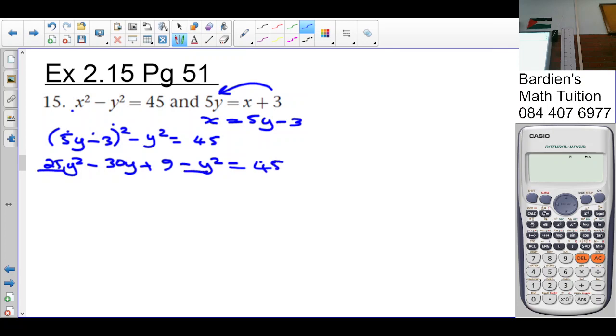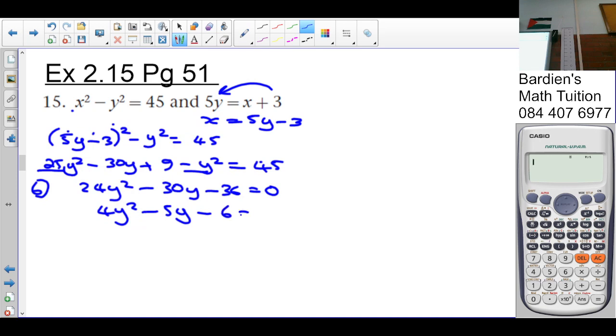So 25y squared minus y squared is 24y squared, minus 30y, minus 36. Now, as you can see, 6 can be divided throughout. So it's going to be 4y squared minus 5y minus 6 equals 0.